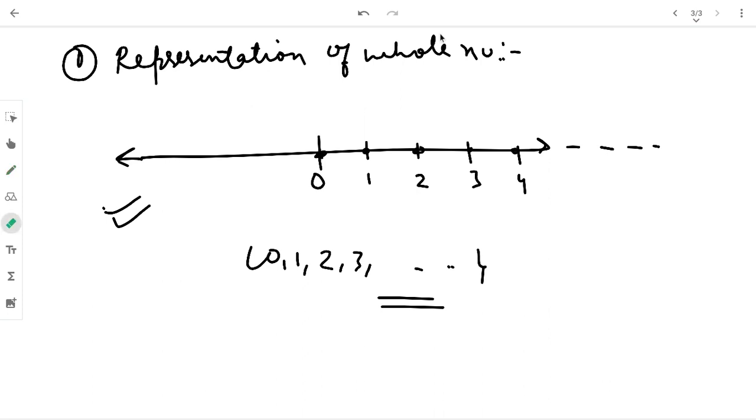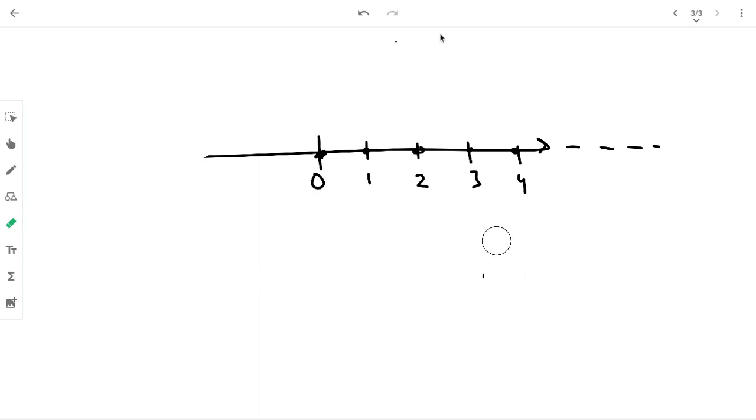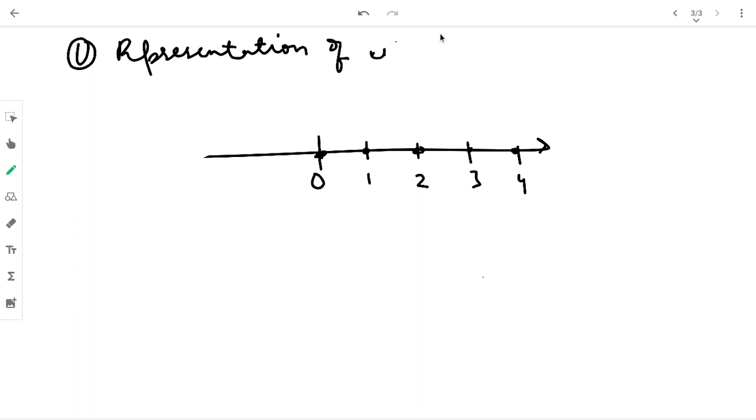Next is representation of integers. The number line is the same.